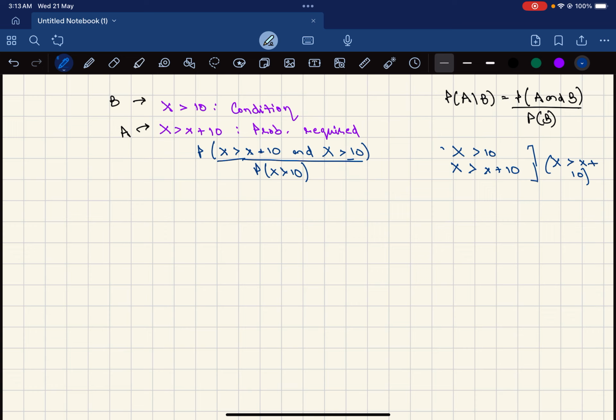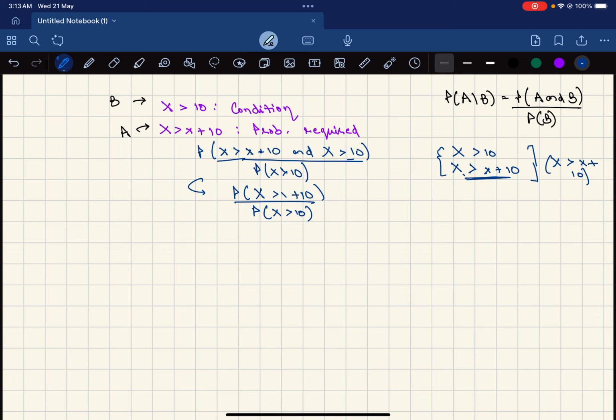Therefore, if we want both events to happen, we can just let this particular event happen and the other one will automatically happen. So this could be written as P(x > x plus 10) upon P(x > 10).